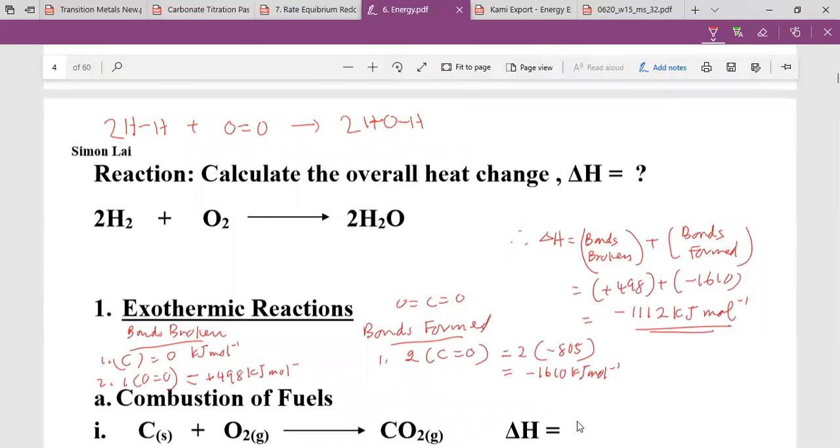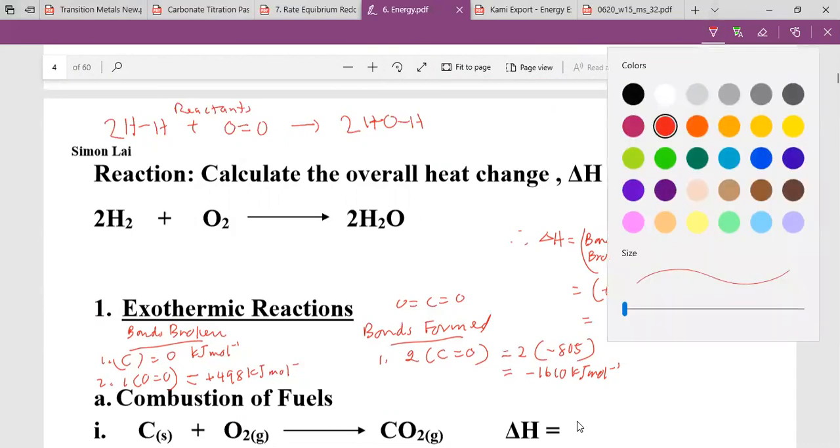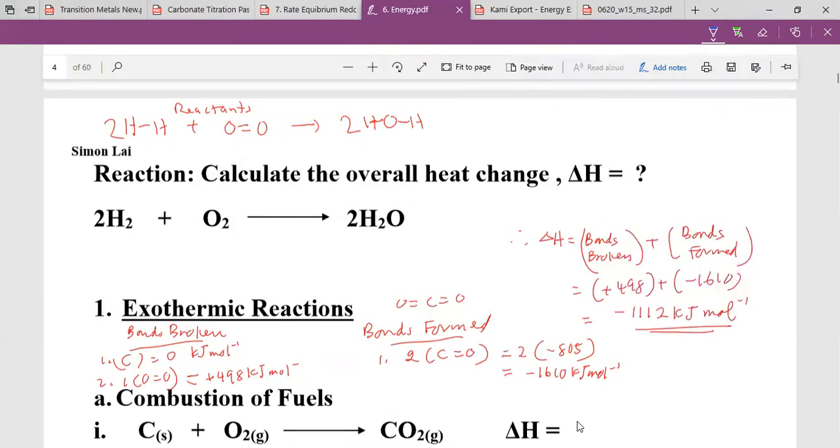So in this case, these are your reagents or reactants, which must break the bonds. So I put blue color here. I must break this bond. I must break this bond, okay? And then I must form this bond and form this bond. So reactants is to break bonds.